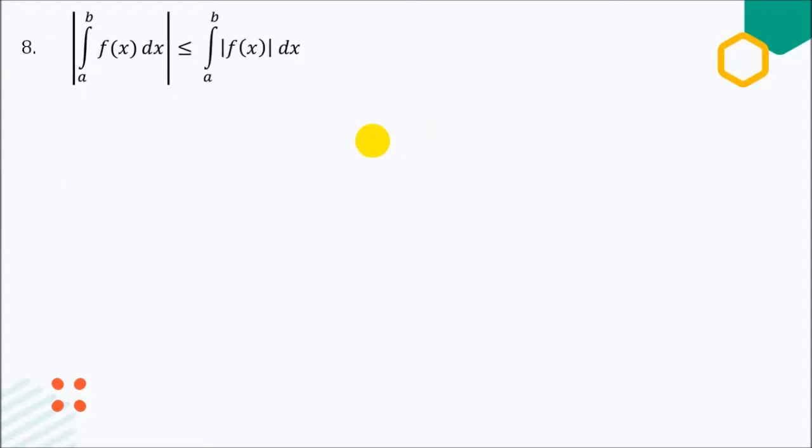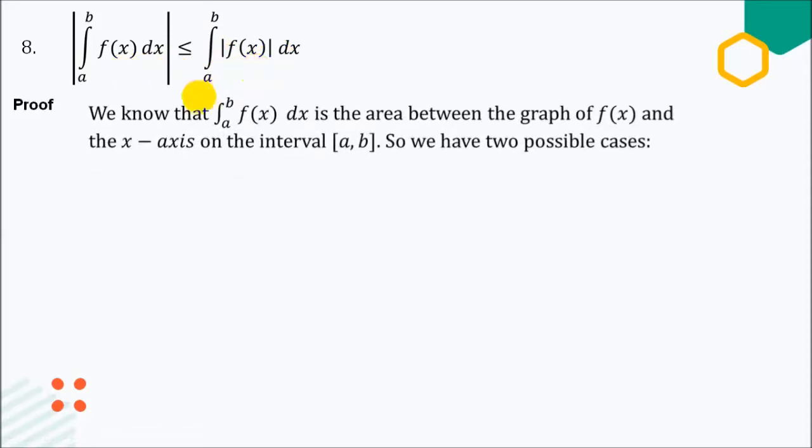And then for the last property, the absolute value of the integral of f(x) dx from a until b is less than or equal to the integral of the absolute value of f(x) dx. We know that the integral from a until b of f(x) is the area between the graph of f(x) and the x-axis on the interval.